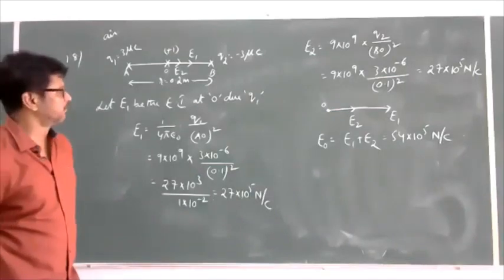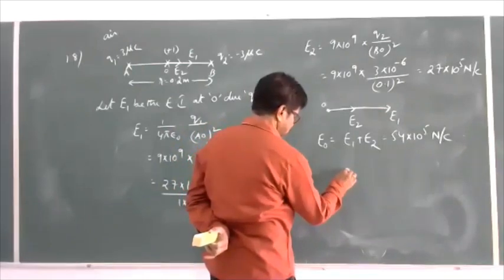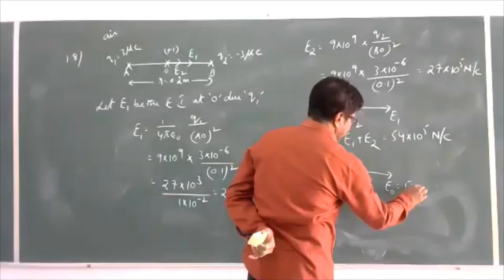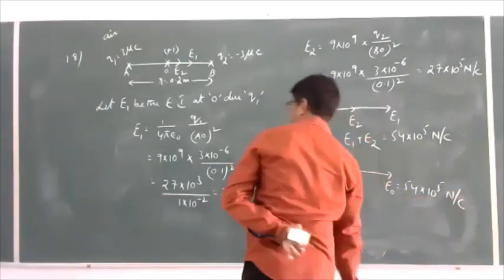So the net electric field acting at O is 54 into 10 to the power of 5 Newton per coulomb.